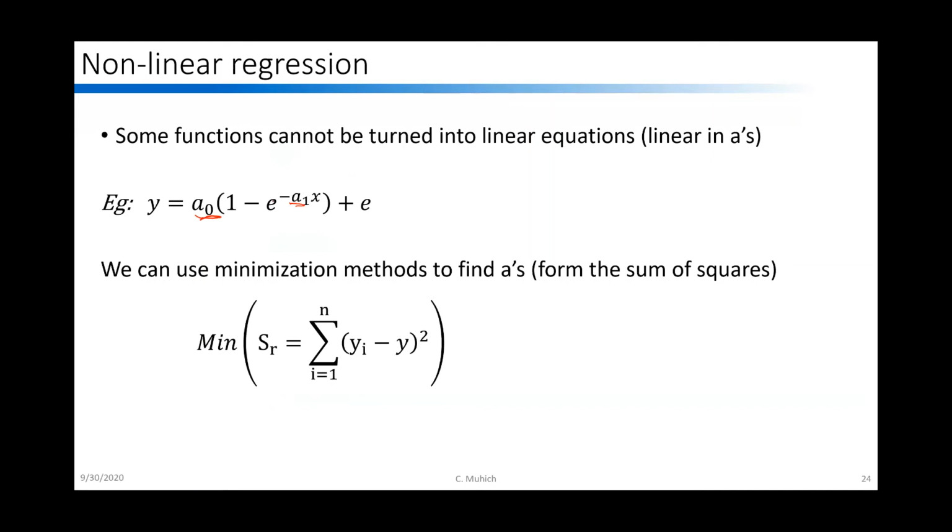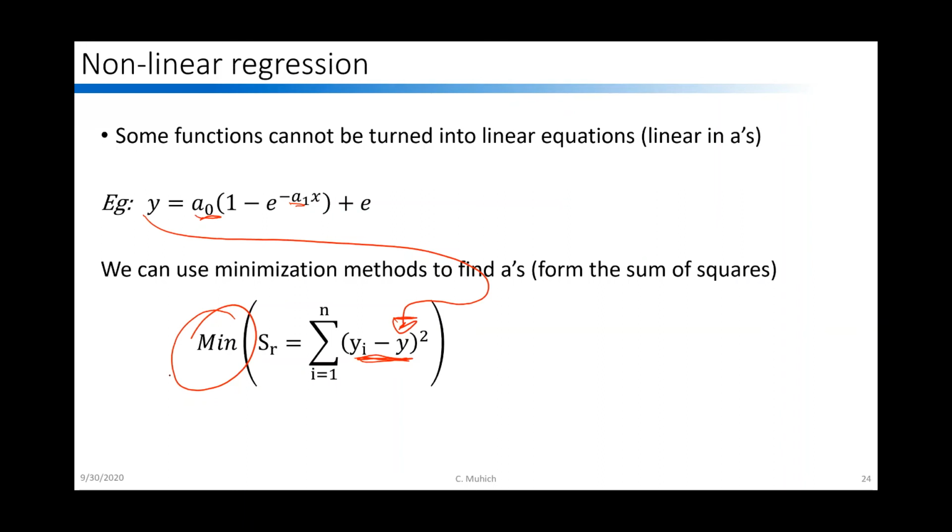We can't use linear regression here, but we're still going to use sum of squares error. So we're still going to want to minimize this residual, right? So we can take this equation, put it into my residual equation, and then use some sort of minimization algorithm or minimization methodology to solve it.